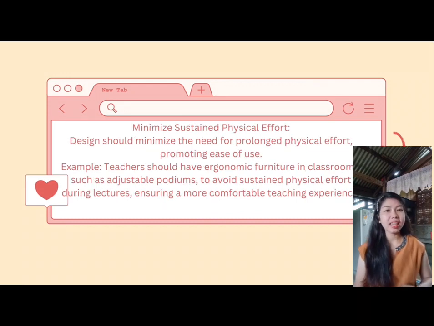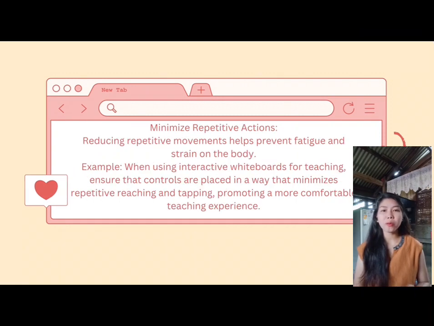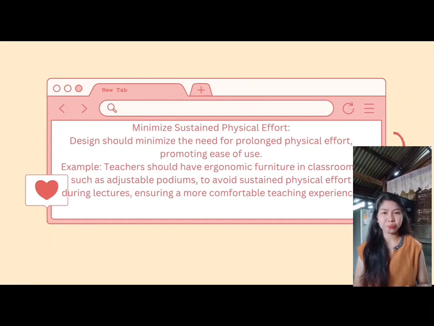And lastly, minimize sustained physical effort. Design should minimize the need for prolonged physical effort, promoting ease of use. For example, teachers should have ergonomic furniture in the classroom, such as adjustable podiums to avoid sustained physical effort during lectures, ensuring a more comfortable teaching experience.